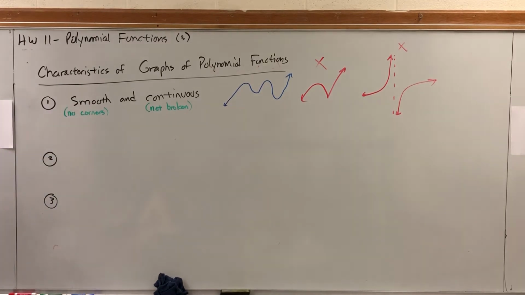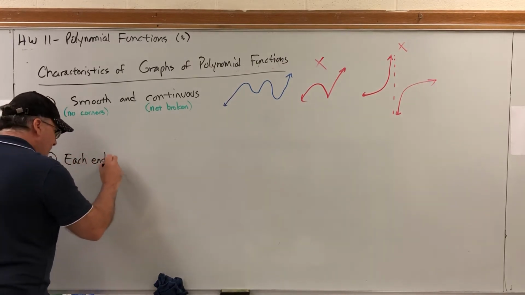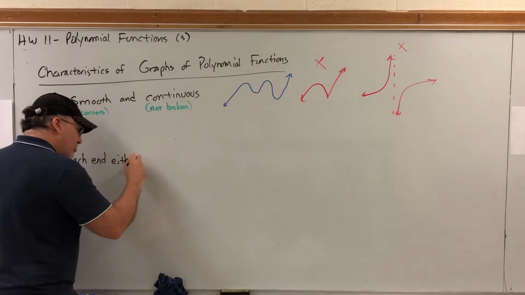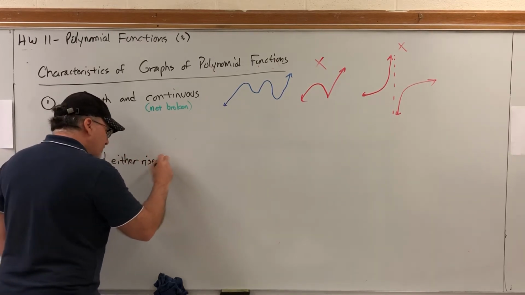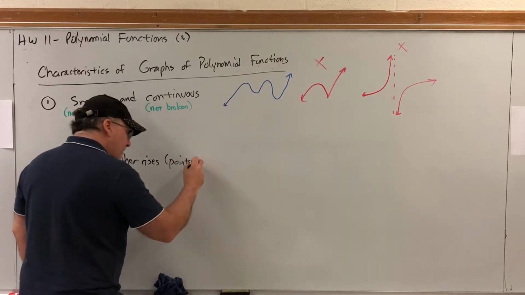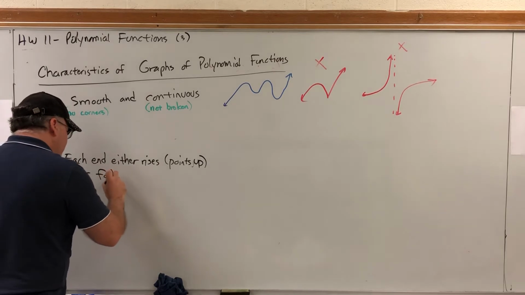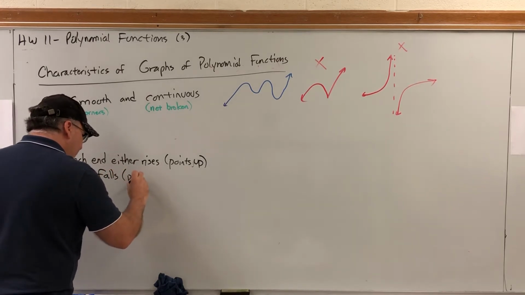Characteristic number 2 of the graphs of polynomial functions. Each end either rises, which means it points up, or falls, which means it points down.